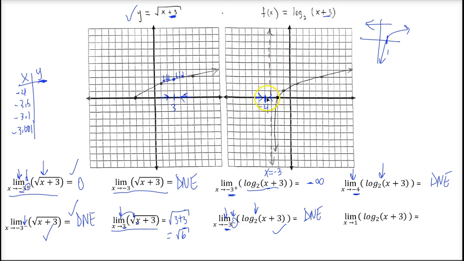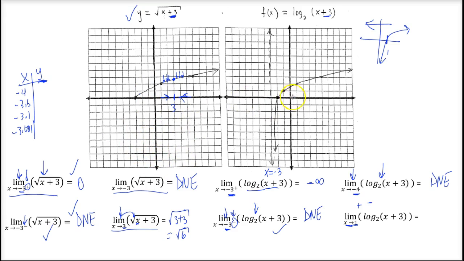Now for the last one for this logarithmic function here, we want to study the behavior of this function as x approaches 1 from both the left and the right. And remember, whenever we don't have the plus or the minus in the exponent for this, then we know that it implies that we're studying the behavior from both the left and the right of that x value, and that the behavior has to be the same in order for us to be able to answer with a real number or plus or minus infinity.